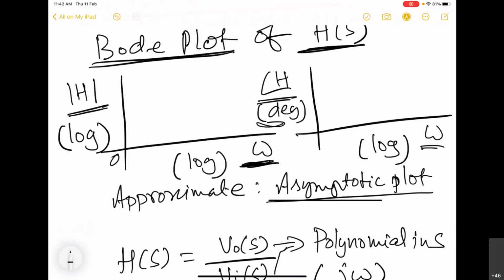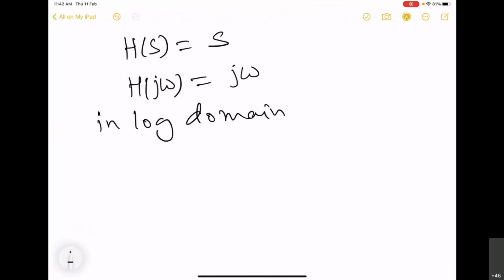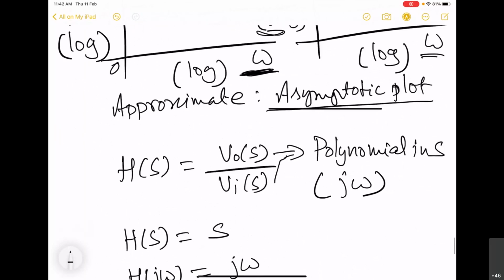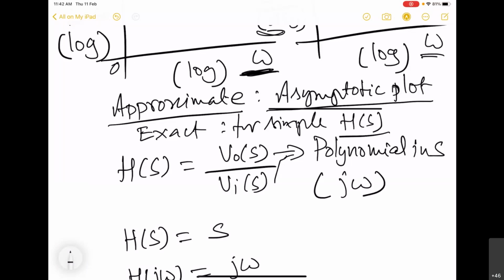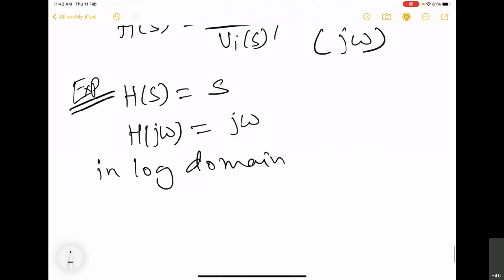We will see why we go to the log domain, but let us see for this case what the plot will be. For simple cases, the Bode plot actually is going to be exact also. If the transfer function is very simple like this example that we are considering, the Bode plot will be exactly equal to the actual transfer function plot.